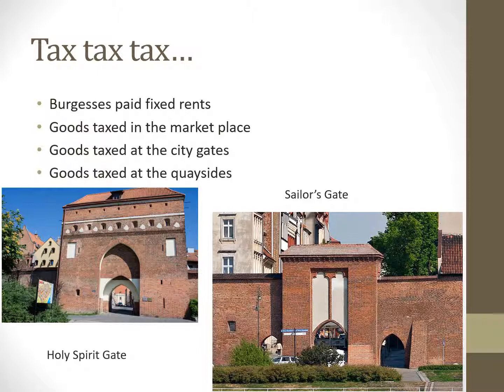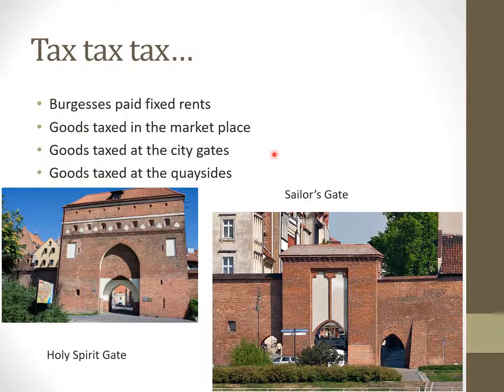Now, the cities like Torun get rich off of the tax revenue that this trade creates. Burgesses pay taxes to the state of the Teutonic Order for the right to hold their burgage property. The knights and the city authorities, to a certain extent, tax goods traded in the marketplace.